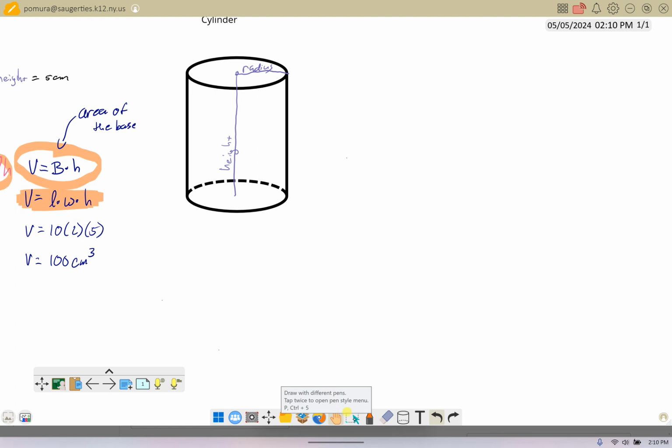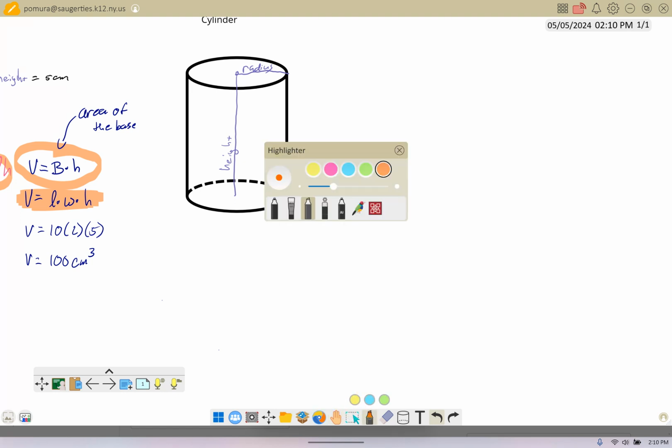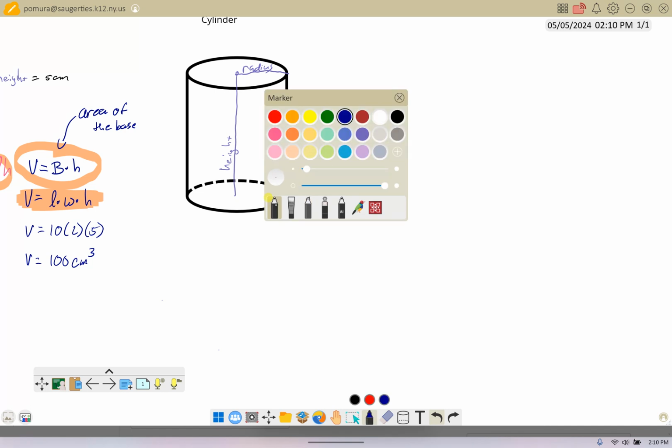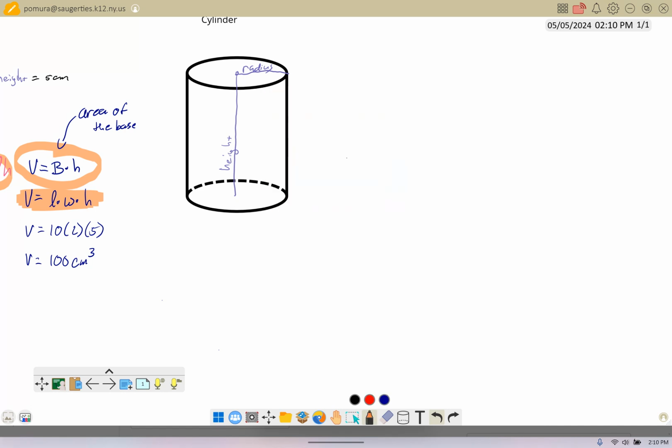I'm going to do the volume formula first, and the reason why is because it kind of goes on to what we were just talking about. So if I were to fill it in, the very base is a circle. So once again, the volume is equal to the base times the height.